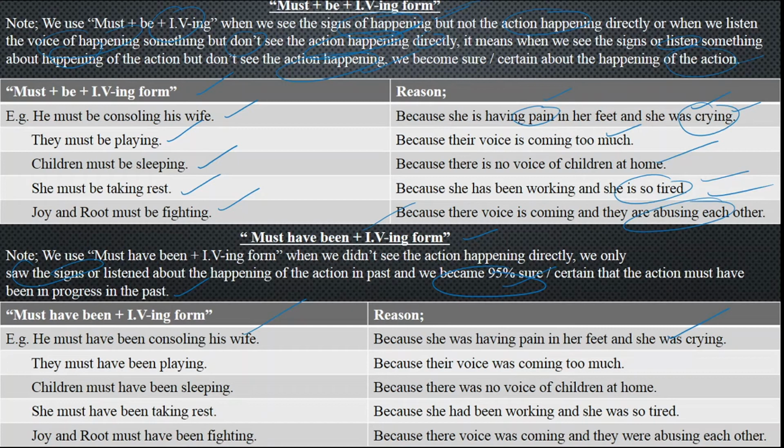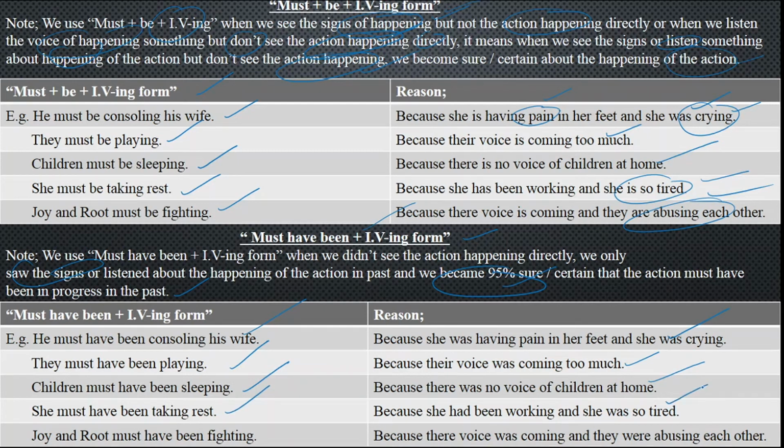They must have been playing because their voice was coming too much. And children must have been sleeping, because there was no voice of the children at home. She must have been taking rest because she had been working and she was so tired.